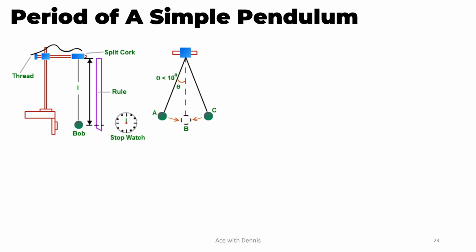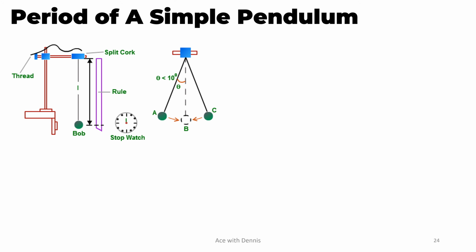Now, let's talk about a very popular experiment related to measurement of time, which is to find the period of a simple pendulum. This diagram shows the setup of the experiment, where we hang a bob with a thread. Then we use a ruler to measure the length of the pendulum, and we use the stopwatch to measure the time.